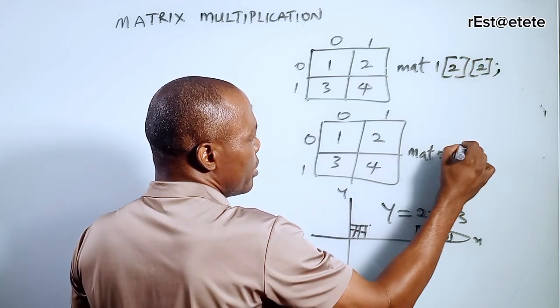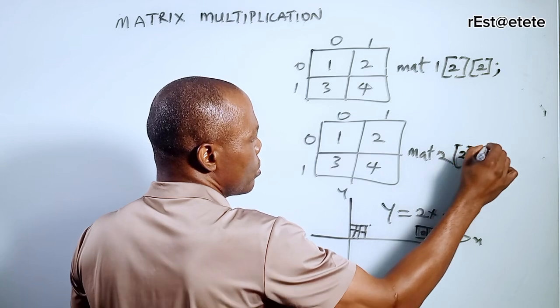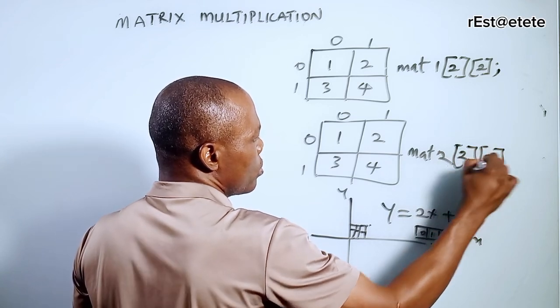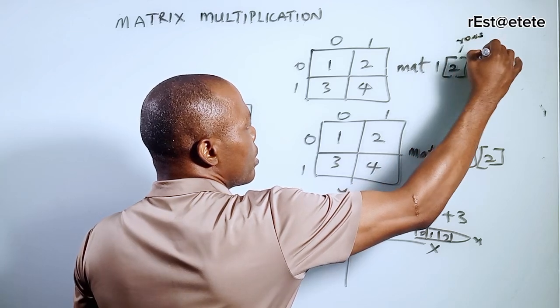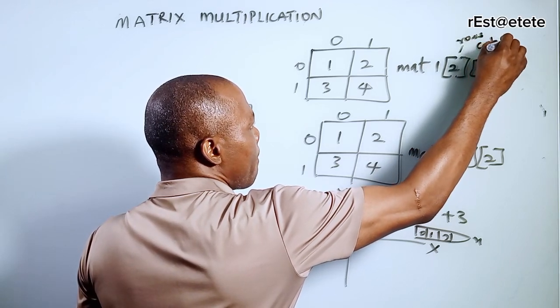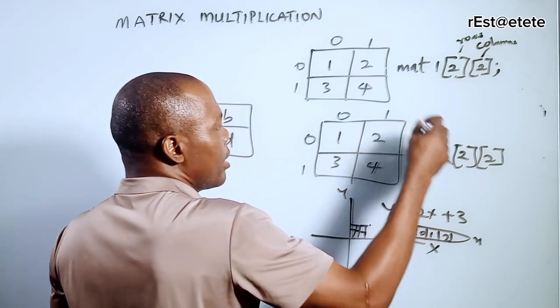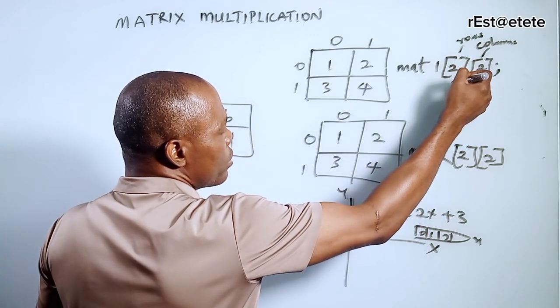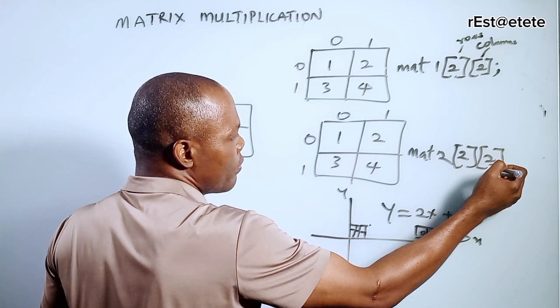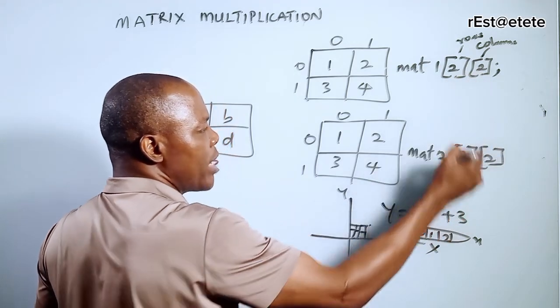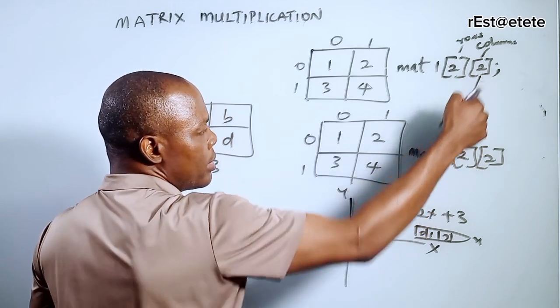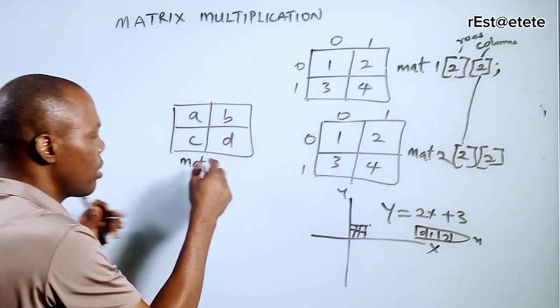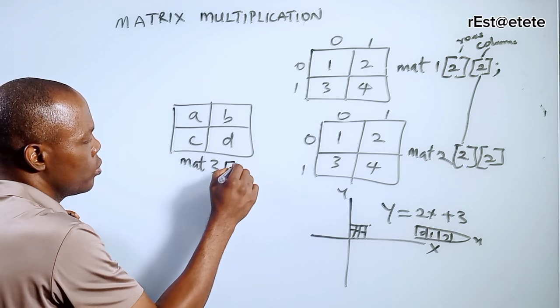This one will be 2, 2. So this is rows, this is column, right? The number of rows of this one must be equal to the number of columns of this one. When you multiply it together, what you will get will be this 2 again. This row and this column. So this one will also give you 2.